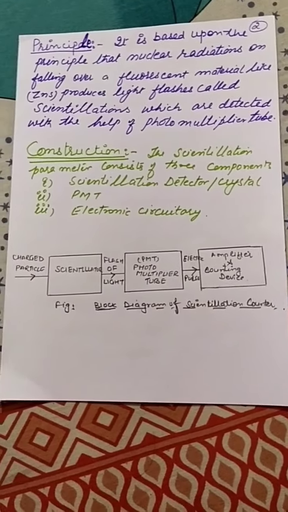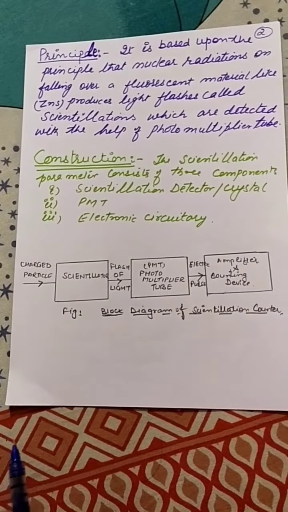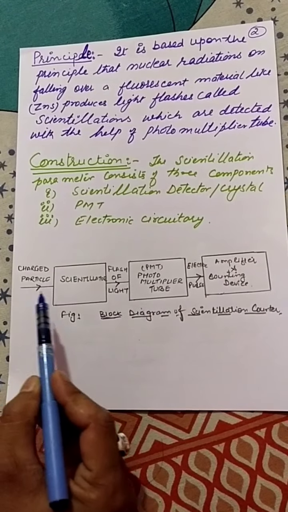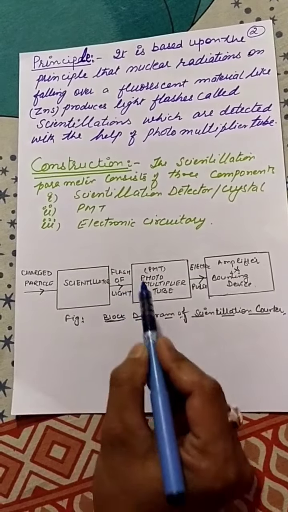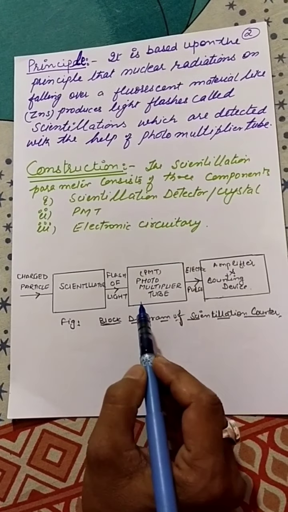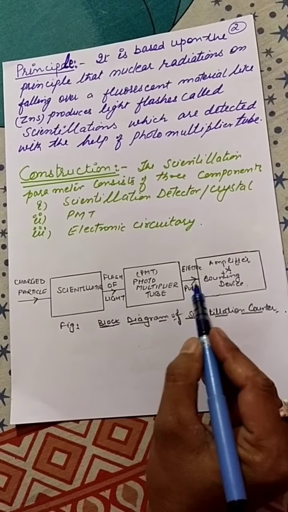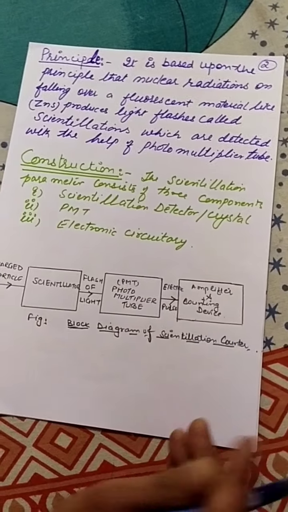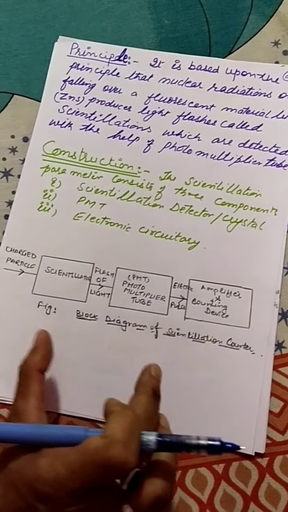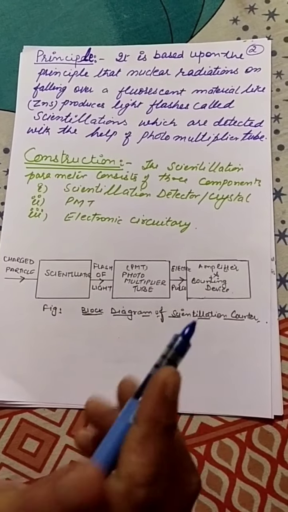The block diagram for the scintillation counter is: here are the charged particles and the scintillator is there, the flash of light goes here, then the PMT, photomultiplier tube, then the electric pulse, and amplifier and counting device. This is the block diagram of the scintillation counter.